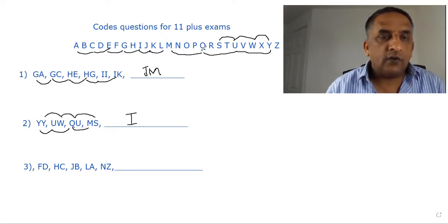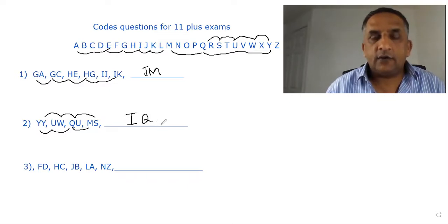From S, when we go backward with a gap of 1, it will be Q here. So we can write Q. So this is how we find the second sequence.